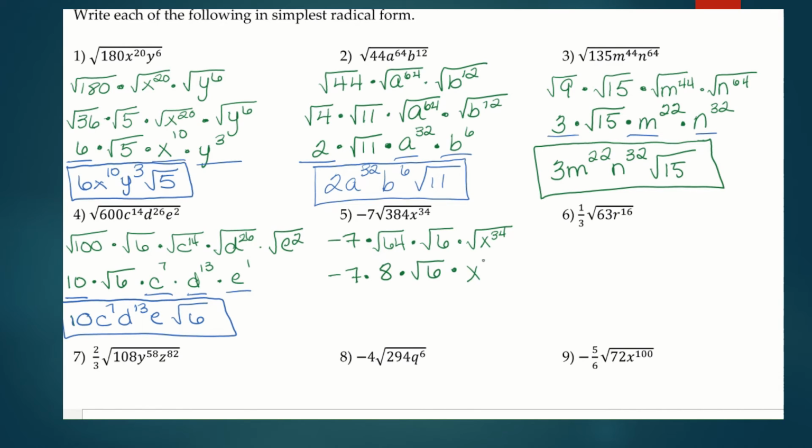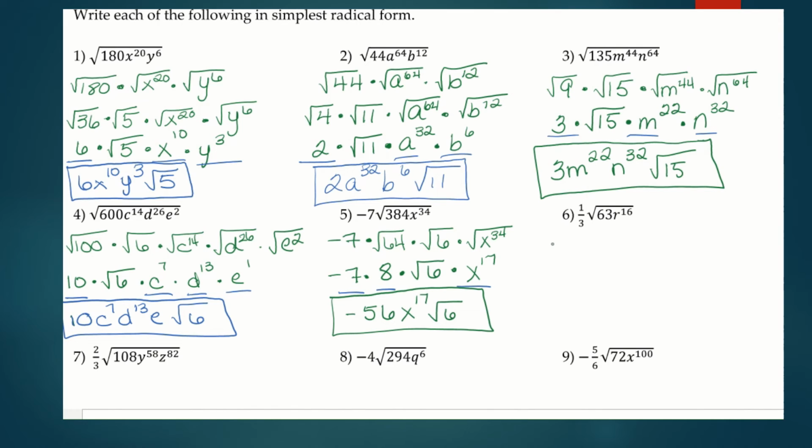Take 34, cut it in half, and you get 17. All right, so combining what we have on the outside here, negative 8 times 7 is negative 56, x to the 17th, and then times root 6. There we go. All right, taking a look at number 6.